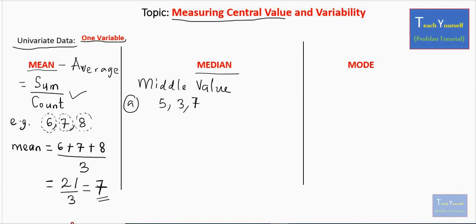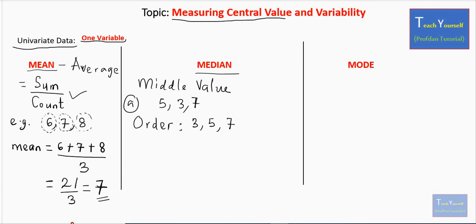So what do you do about the middle value? The first thing, take note, is to order your data. What do you mean by order? Like in ascending order, arranging it from the smallest to the largest. If we do that, the score 3 comes first, followed by the score 5, and next the score 7.